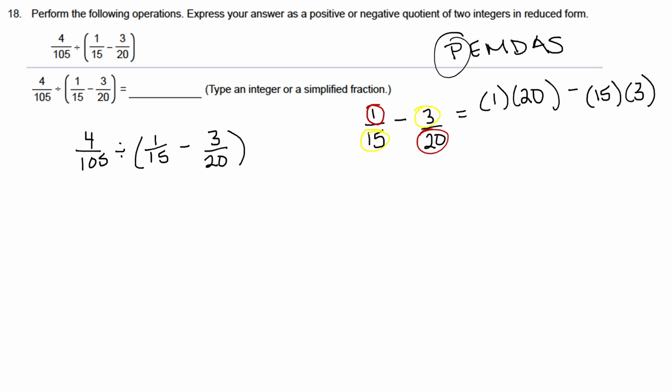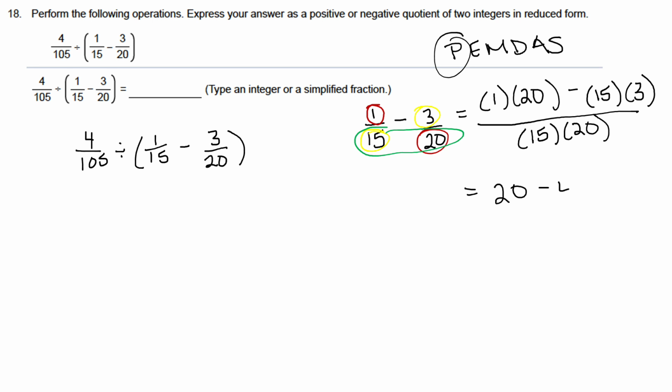And place that over the denominators, which is 15 times 20. So 1 times 20 is 20. 15 times 3 is 45. And 15 times 20 is 300. Then 20 minus 45 gives us a negative 25, and that's over 300.